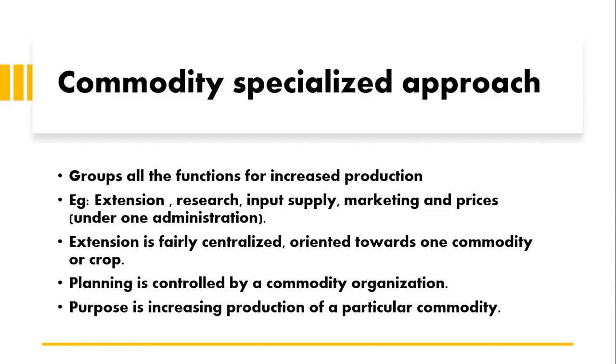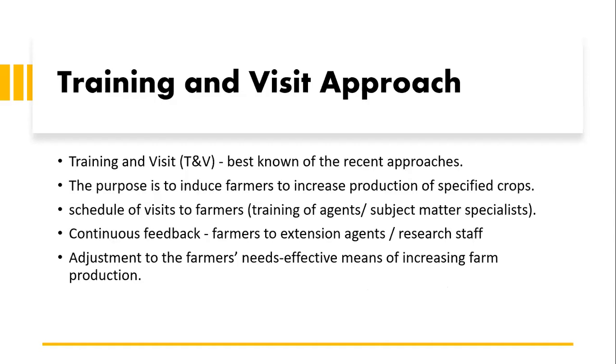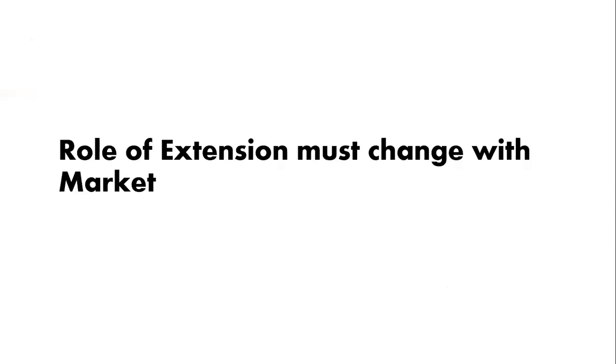In the commodity specialized approach, they only target selected crops. They also believe a knowledge and technology gap is there, but the difference is they only focus on one crop. T&V is a traditional practice for all areas.